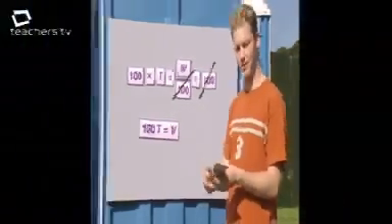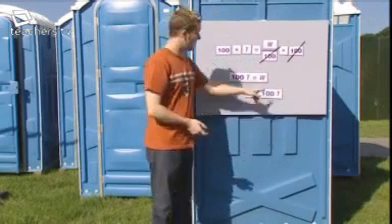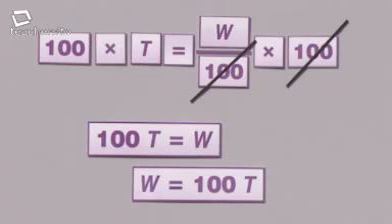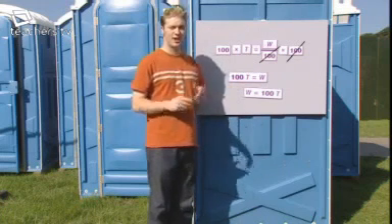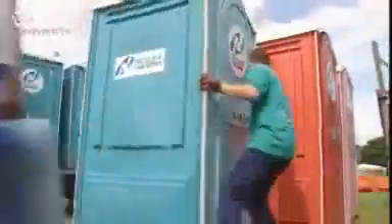And to flip that round, W equals 100T. And if T equals 30, 100 times 30 is 3,000 women. So 30 loos would cater for 3,000 women. I don't think so, Jamie.